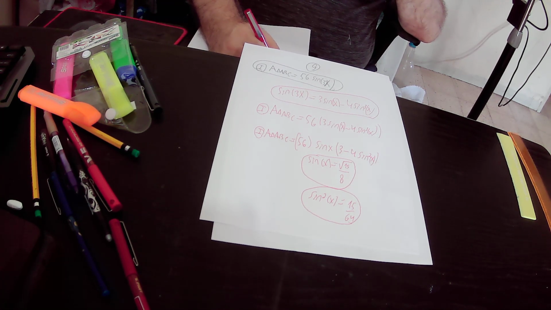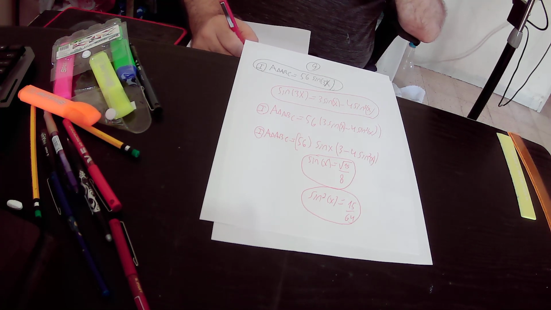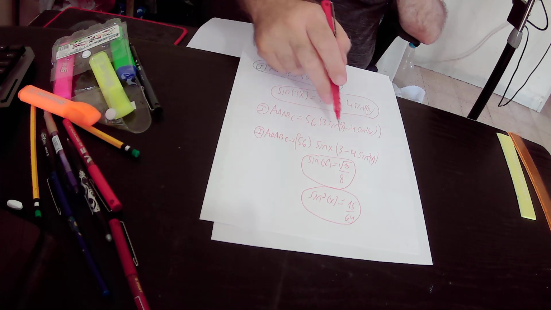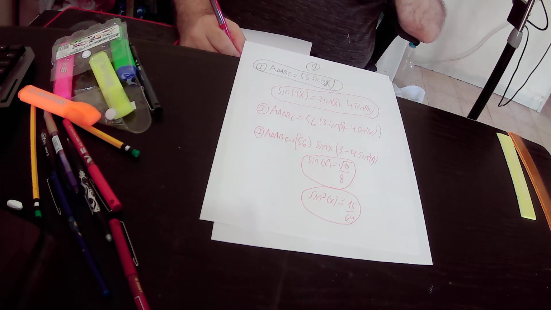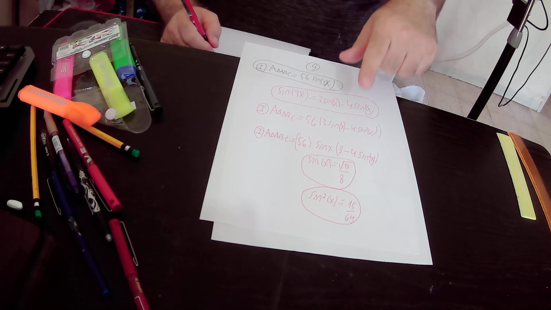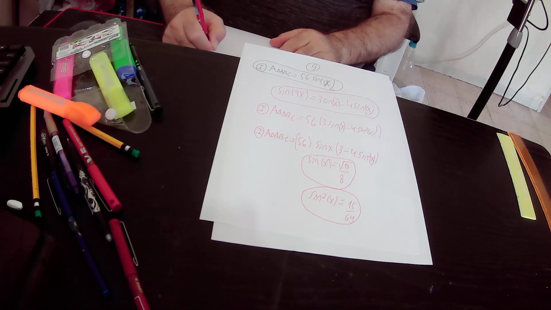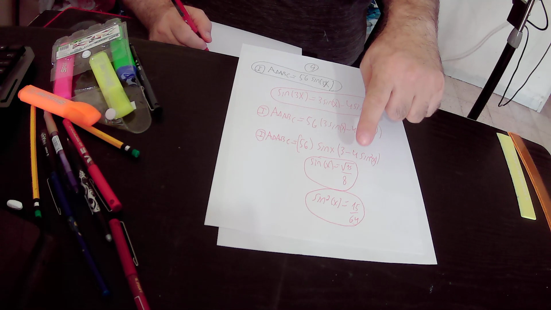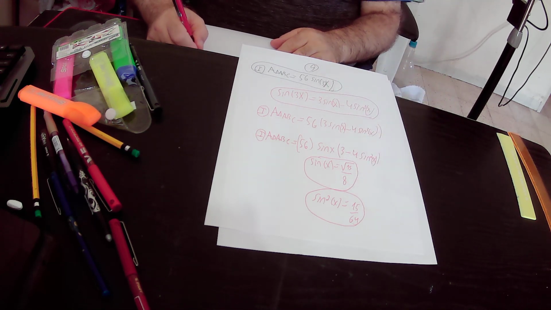We get that the area of triangle ABC equals to 56 times sine x equals to root 15 over 8. In the brackets we have 3 minus 4 sine square x equals to 15 over 64.